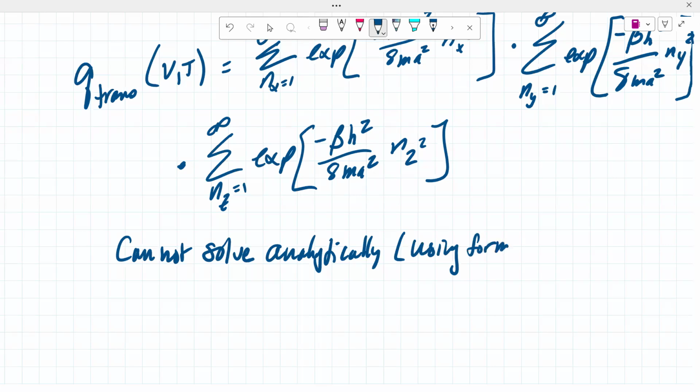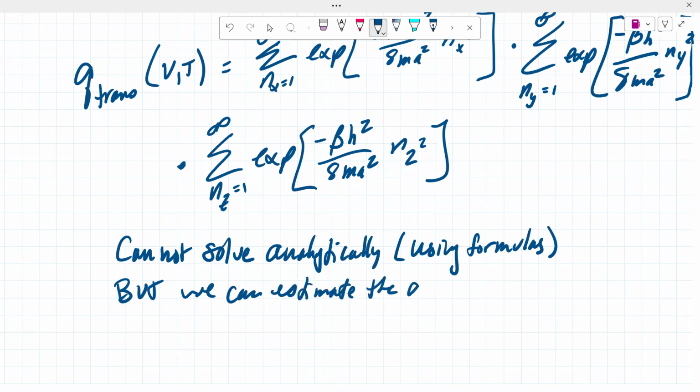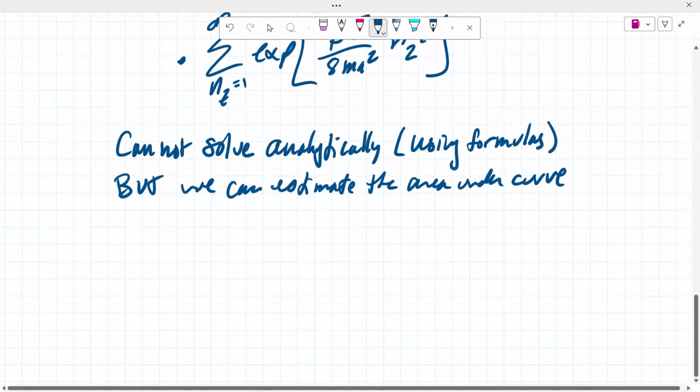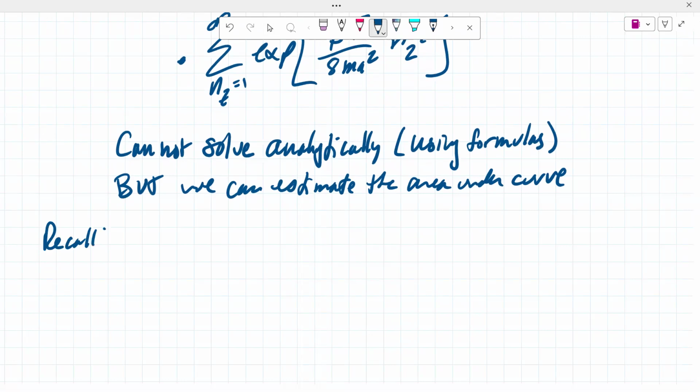Let's put that: we can't solve it using formulas, but we can estimate the area under the curves. Do you remember the Riemann sums? Recall Riemann sums.